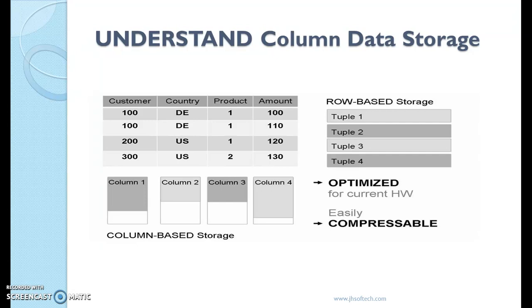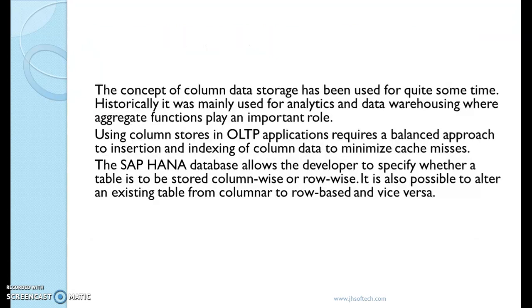Most data warehousing software is based on column storage, and most OLTP software is based on row storage. I will discuss technically what exactly the difference is between row storage and column storage in the next session, so we can get a detailed list of what each is all about.